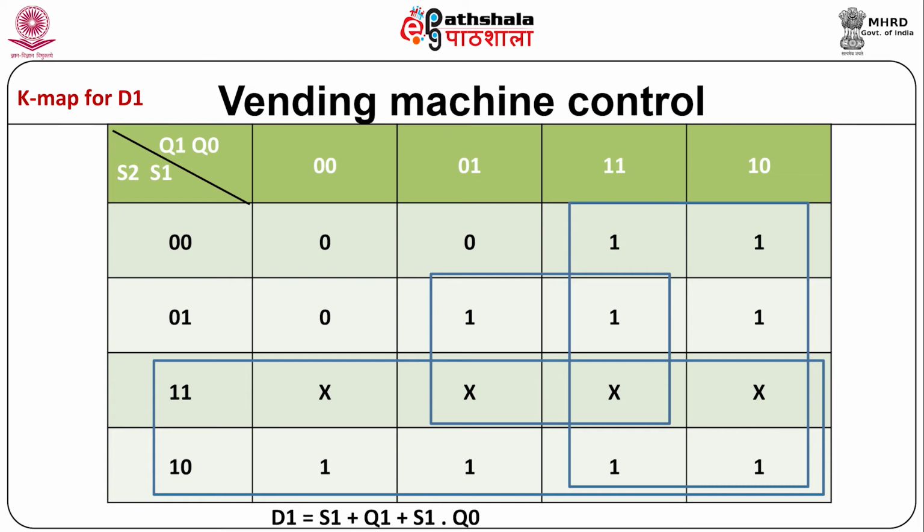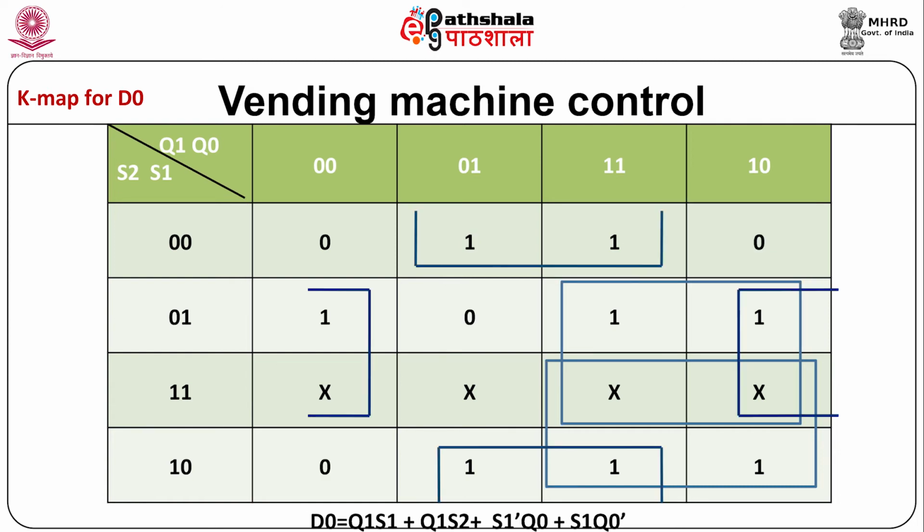After mapping the terms, it is clear from the map that it is possible to form 3 groups, 2 octets and 1 quad. This results in the simplified Boolean expression D1 is equal to S1 plus Q1 plus S1 into Q0. Let us now prepare the K map for D0.